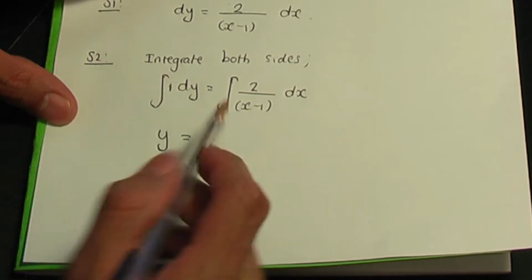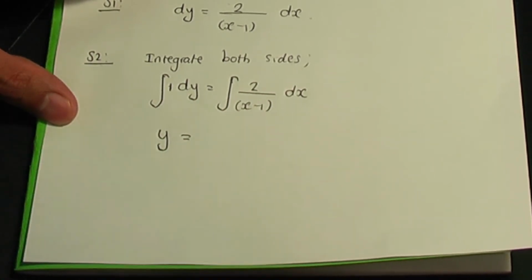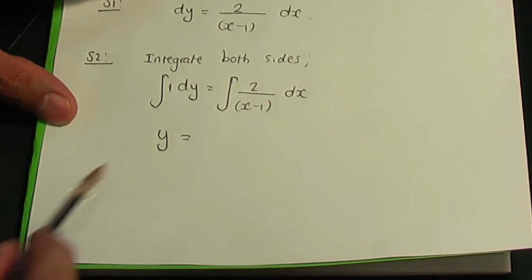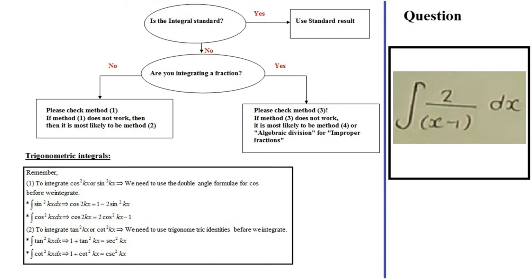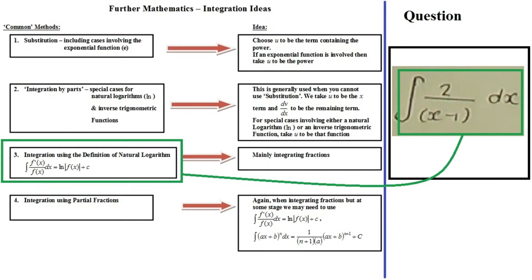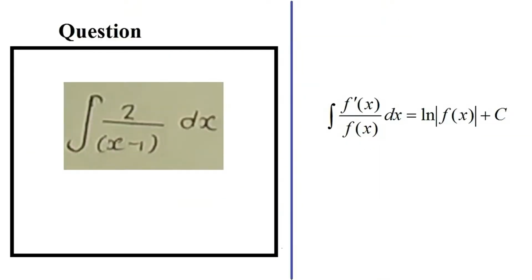And if you integrate 2 over x minus 1, remember our integration flow diagram. This integral is a fraction, and since it's a fraction, let's try f primed over f. In this case, f primed over f is going to work because when you differentiate your denominator, the answer is related to the numerator.